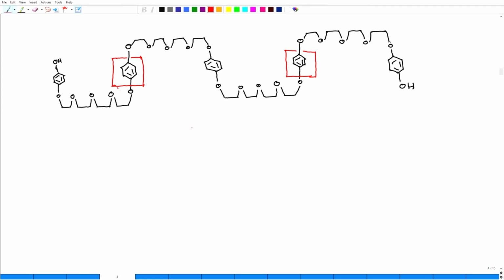So, this is my 3 pseudo-rotaxane. If I put a stopper, I can get... A stopper is something we use when we want to make it difficult for something to come out.